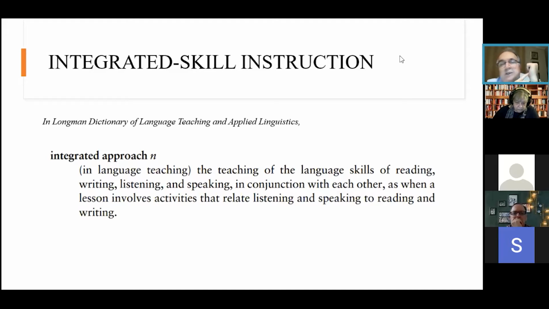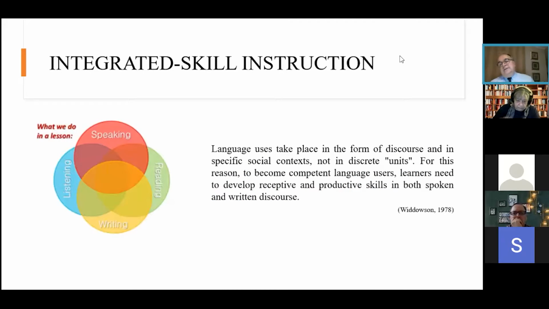So what do we do in a specific lesson if we are using this approach, I mean the integrated approach of teaching language skills? When we enter the classroom and start our formal teaching, what should we do?